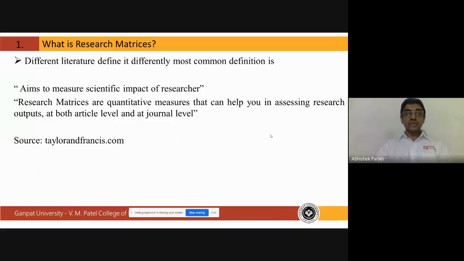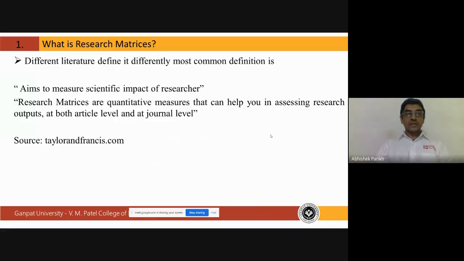We'll mostly take the perspective of research metrics from Scopus, or what we call Elsevier. Hence, Taylor and Francis.com is taken as a source for defining research metrics here.